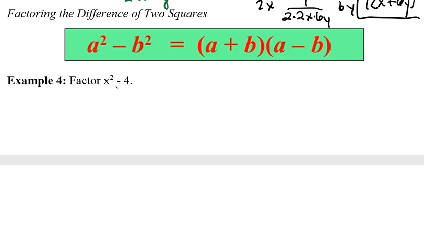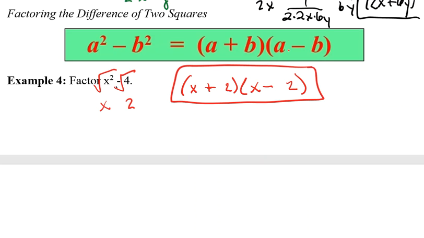So I can go ahead and check for squares. Square root of x squared is x. Square root of 4 is 2. And because it's a minus sign, I know it is. So it's an x and a 2, and an x and a 2 because they're the same. One's a plus and one's a minus. And if I wanted to, I could go ahead and do each with each and push it back through to check and make sure it's right.